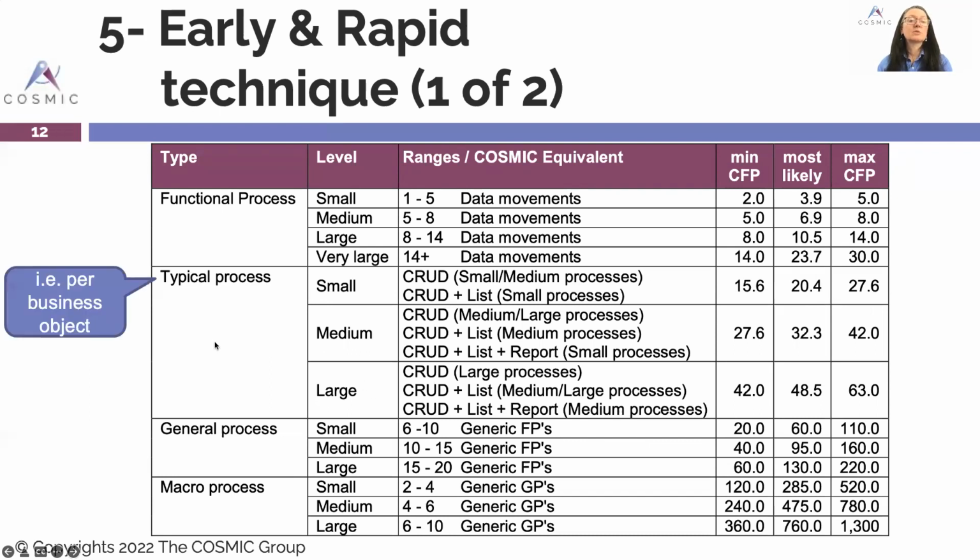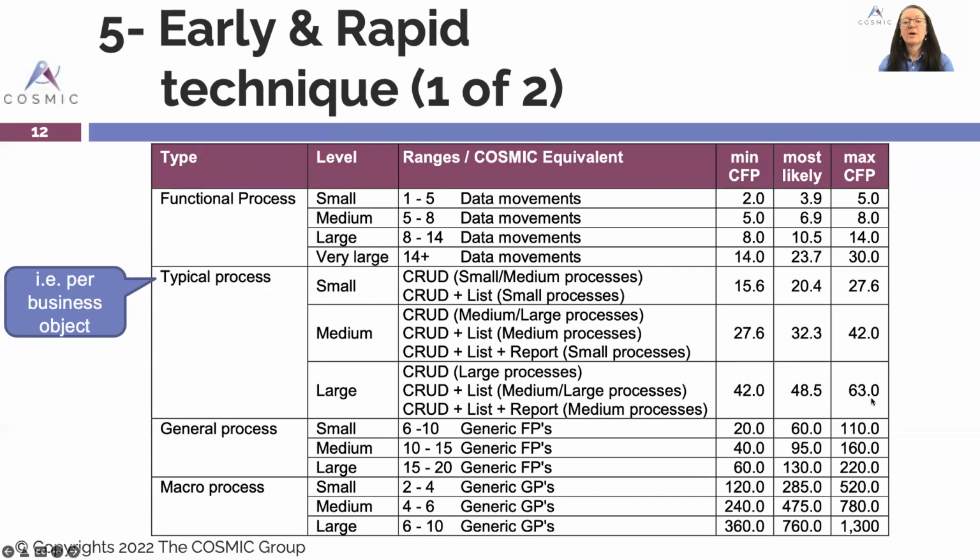And the typical process can be viewed per business subject. So when you do have the list of business subjects and you apply CRUD on all of them, you can figure out if it's small, medium, or large and apply either the most likely value, or if you think it's on the lower end because it's large, but it is quite simple, then maybe it's 42.